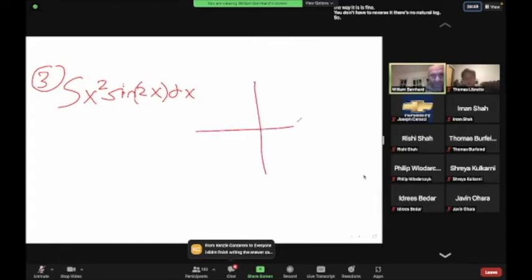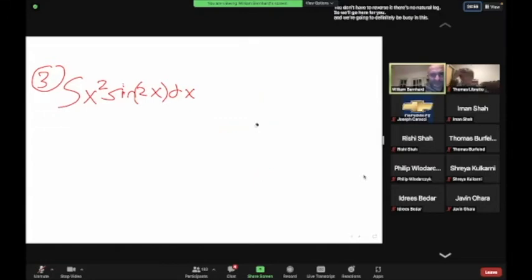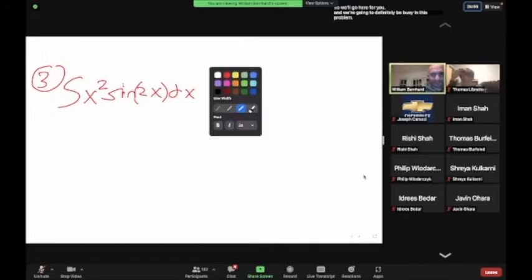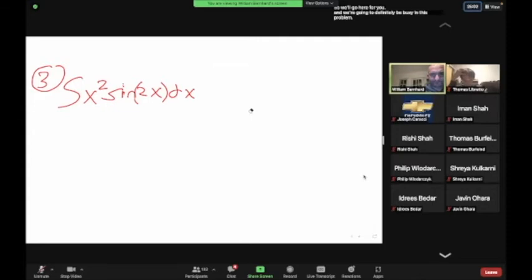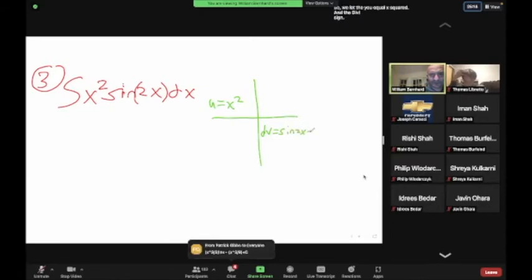So we'll go here for the u. And we're going to definitely be busy in this problem. So we let u equal x squared and dv equal sine 2x dx.